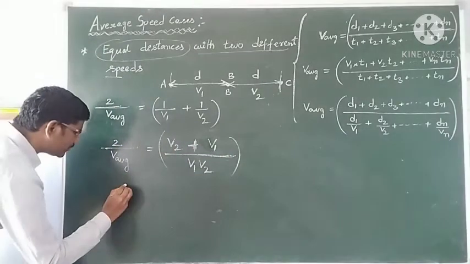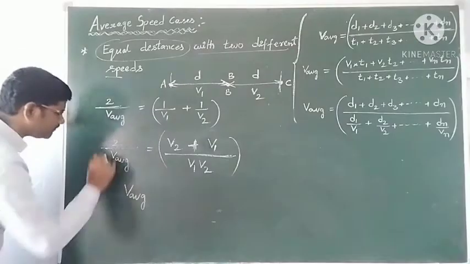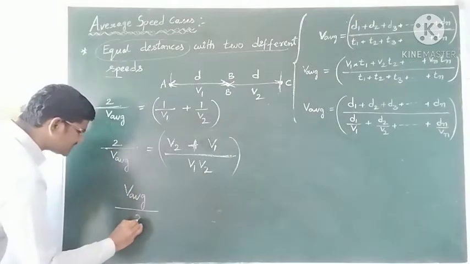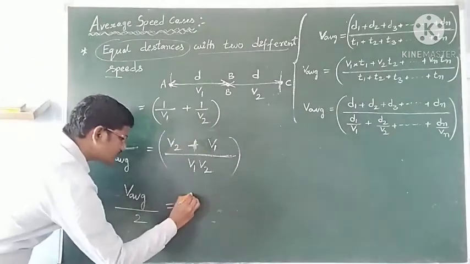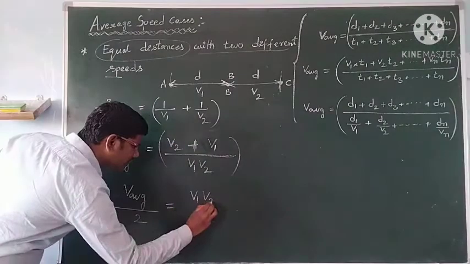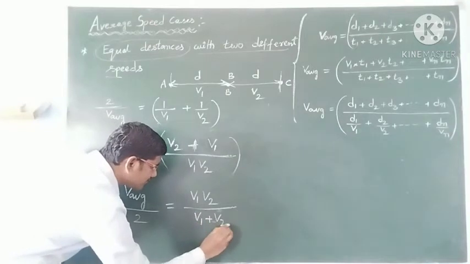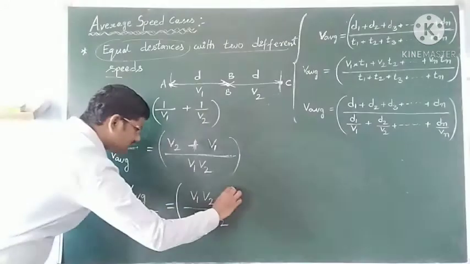Now take the reciprocal. So V average by 2 is equal to, what do we have students? The reciprocal of this one: V1 V2 by V1 plus V2. So this is the formula.